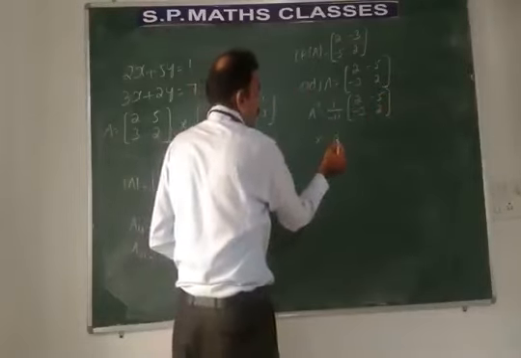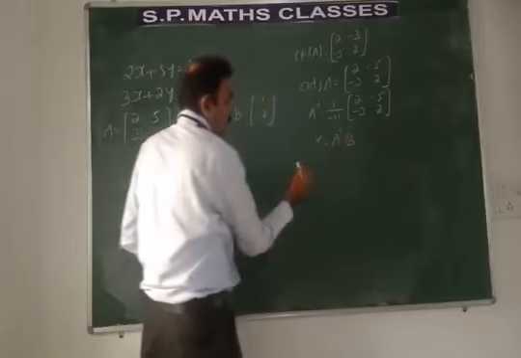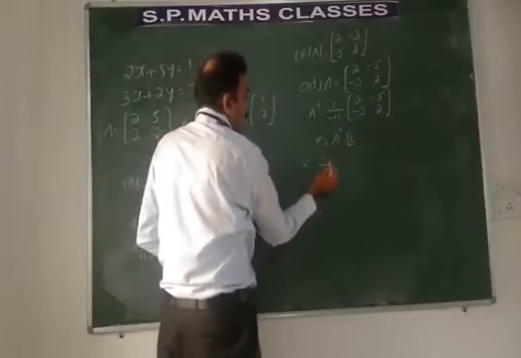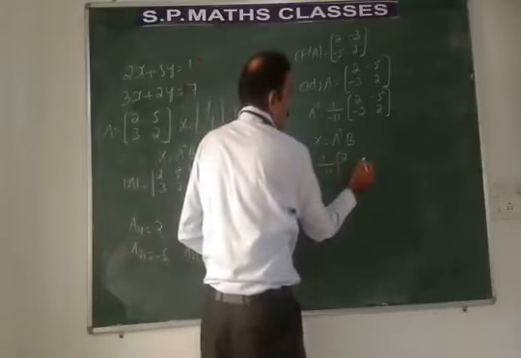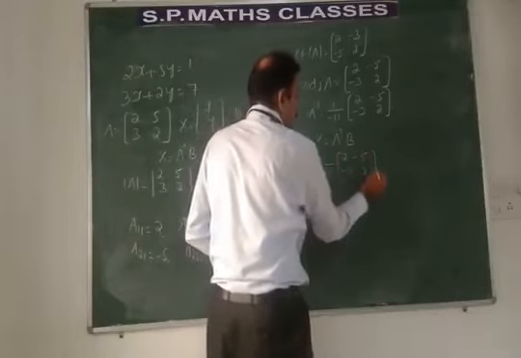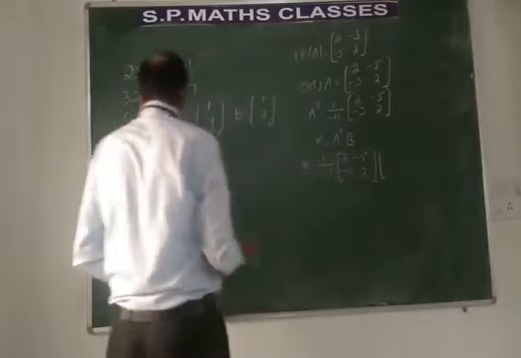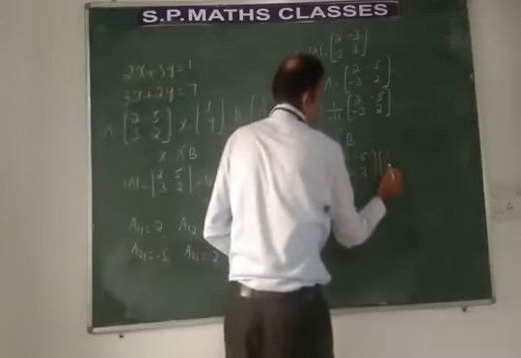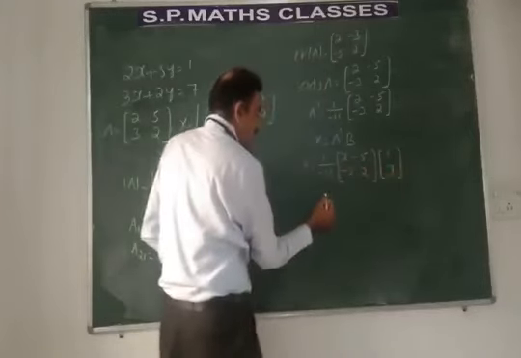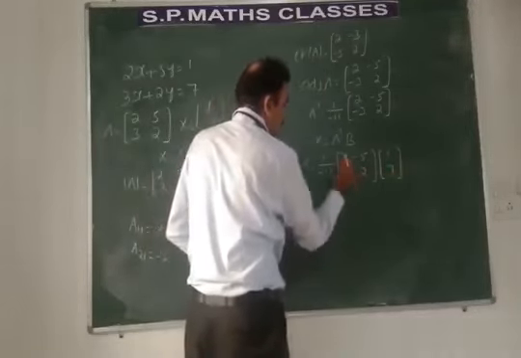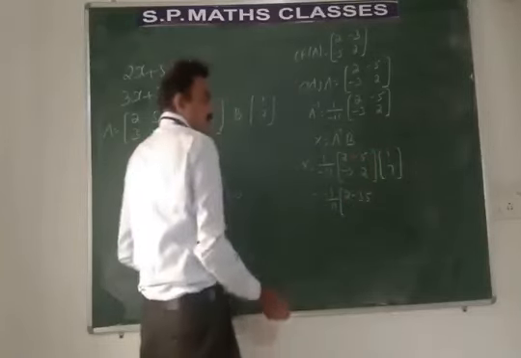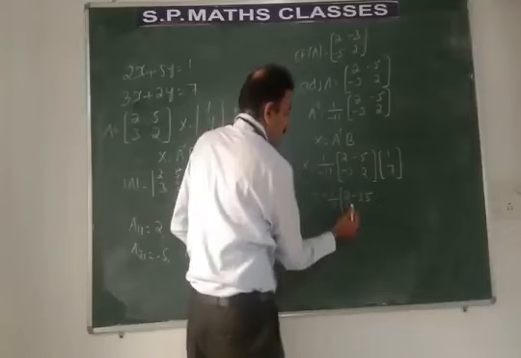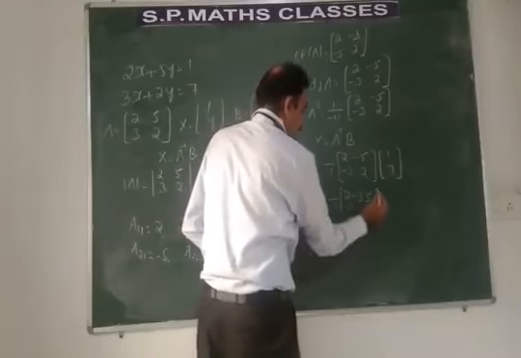Solution: X is equal to A inverse into B. What is X? 1 divided by minus 11, into 2, minus 5, minus 3, 2, into B. What is B? It is 1, 7. Minus 1 by 11 into 2 minus 35, and further minus 3 plus 14.